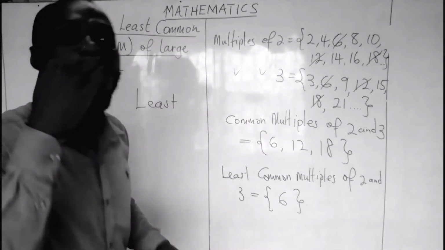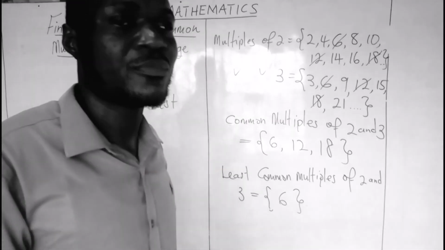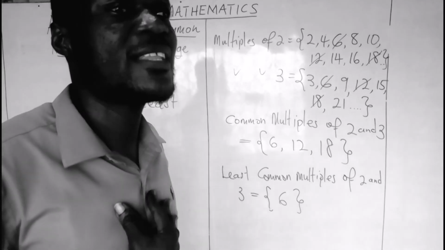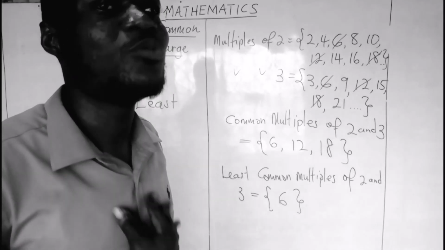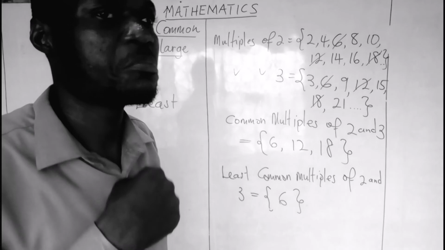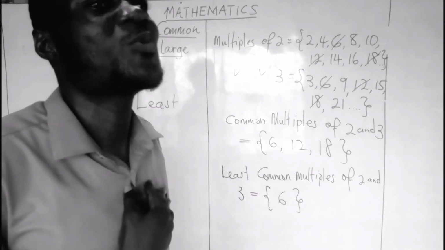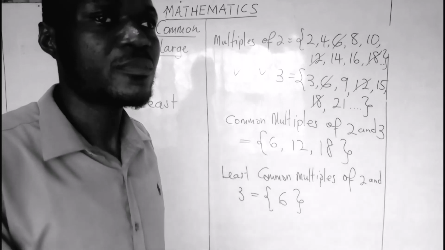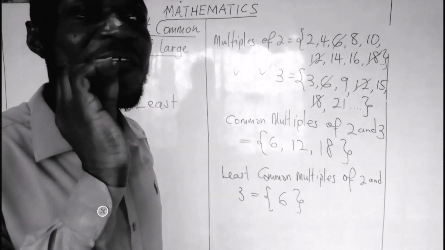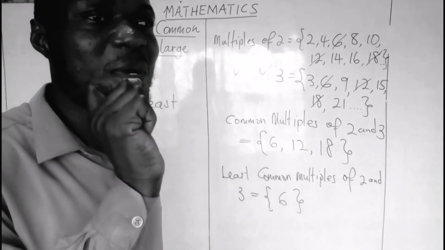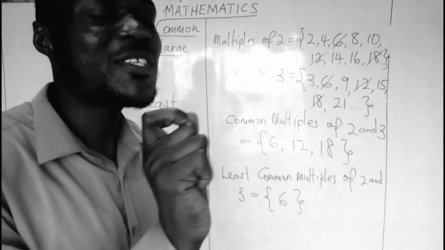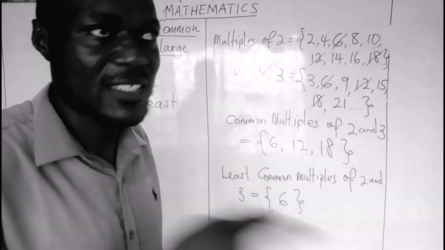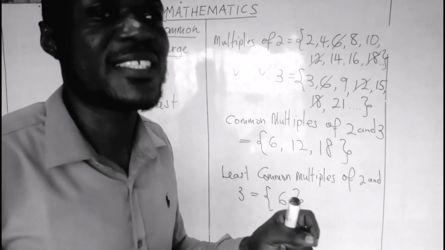6. What this means is that if I am reciting 2, 1, 2, that we know from class 1, and somebody is reciting 3, 1, 3, the first number that we will mention, which is common in both of our answers, is 6.